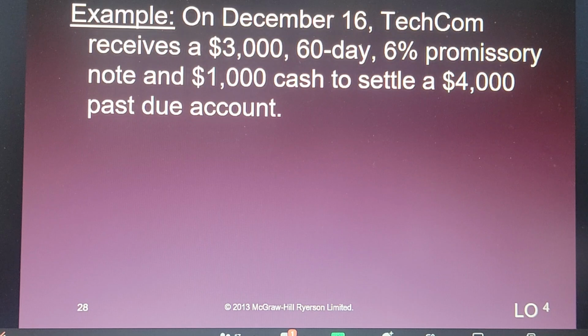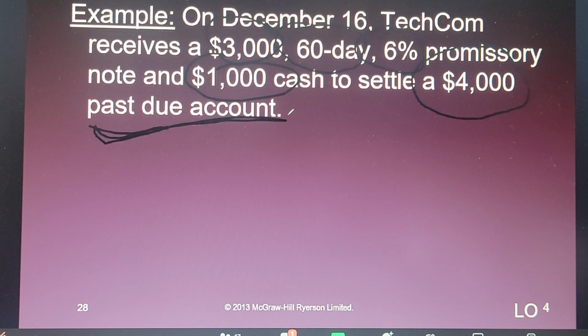So in here it says on December 16th, TechCom receives, pay attention here, a 3,000, 60 days, 6% promissory note, and 1,000 cash to settle a 4,000 past due account.